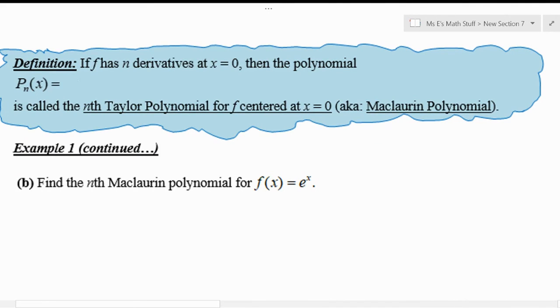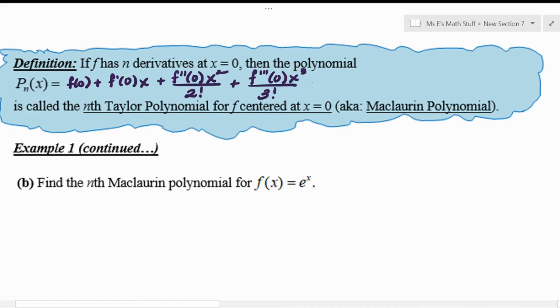The definition, one of the two big definitions of this lesson, is if f has n derivatives at x equals 0, then the polynomial p sub n of x is equal to f of 0 plus f prime of 0 times x plus f double prime of 0 times x squared over, and you can say 2 or 2 factorial, nobody cares since it's the same, plus f triple prime of 0 times x cubed over 3 factorial.